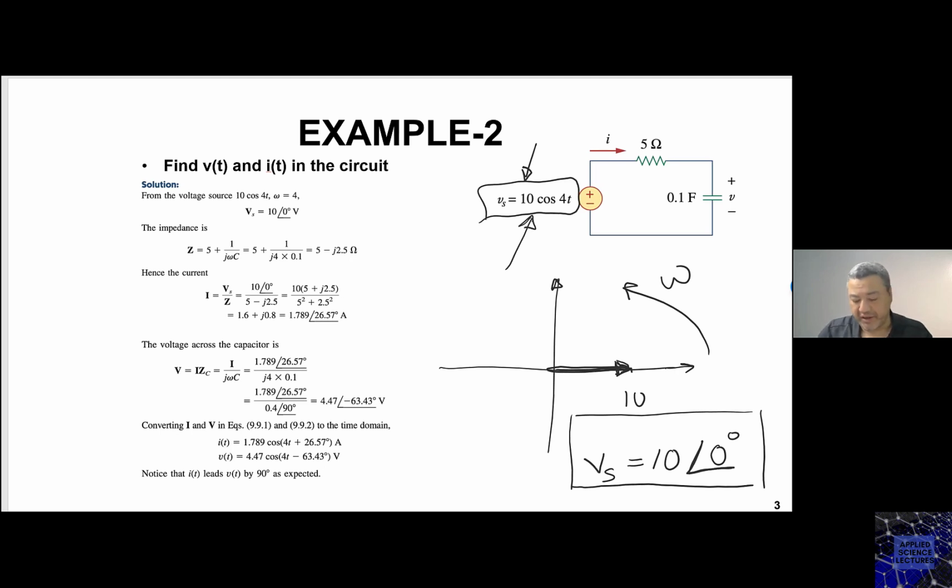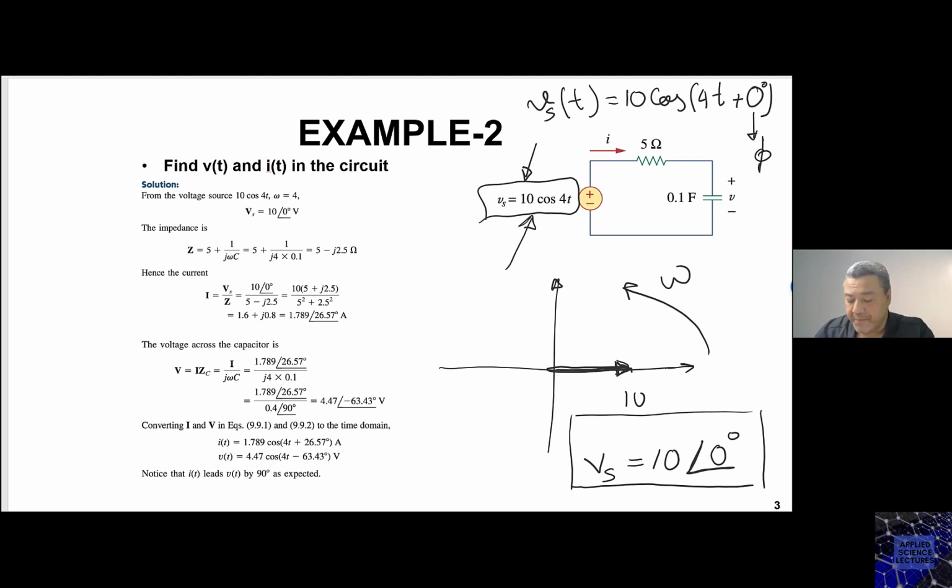Which is basically, in this case, if I compare this with my general form representation of a time domain signal, which is here 10 cosine 4t plus 0 degrees, this is my phase. So the offset in phase would be 0 degrees.